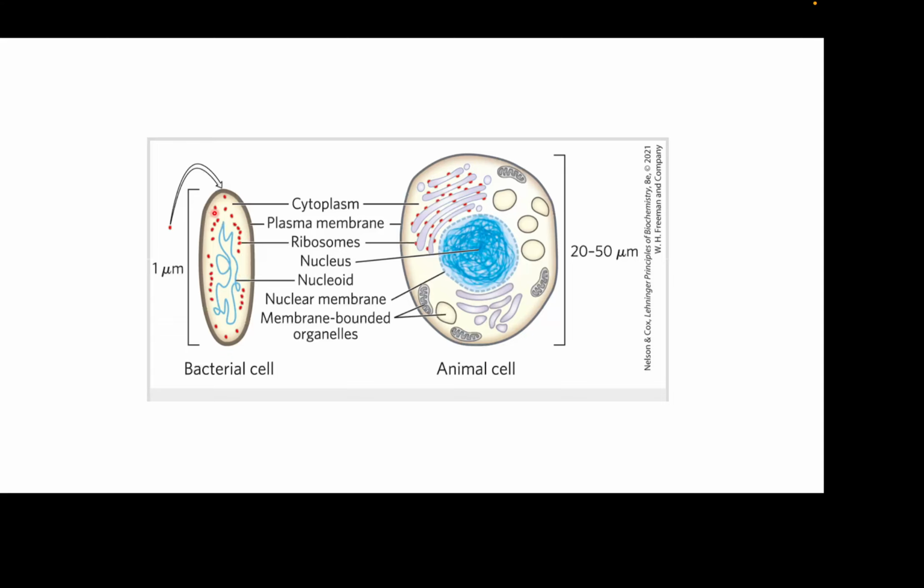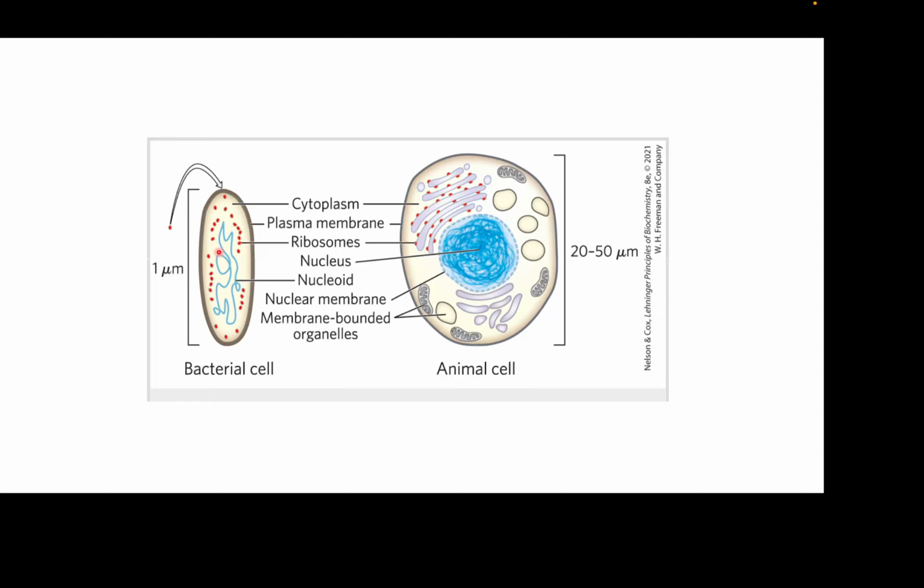They have a nucleoid, which is just an area in which their genetic material is spread in the cell itself. They are not confined to one particular space in the cell. So prokaryotic means pro-karyon, karyon meaning nucleus, primitive nucleus, and eukaryotic means true nucleus.